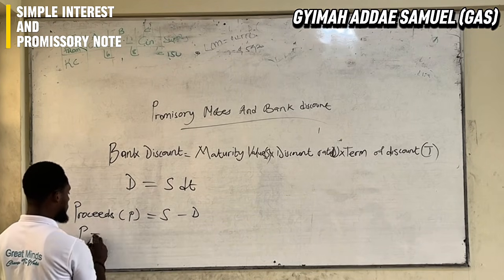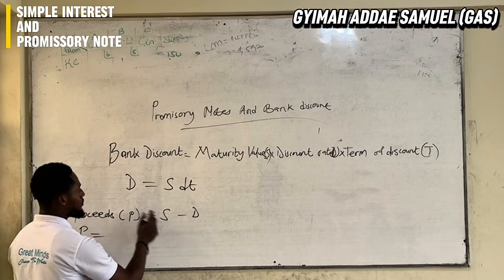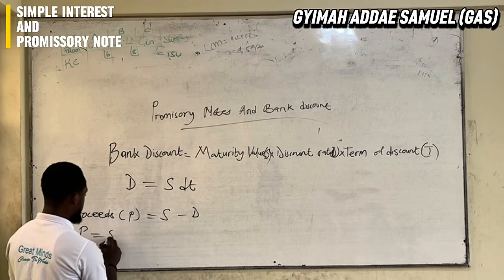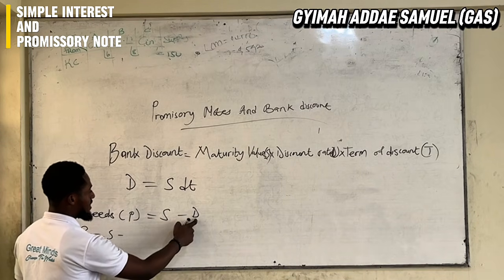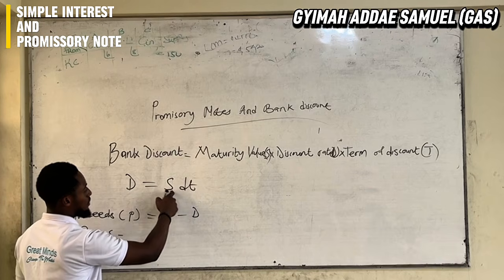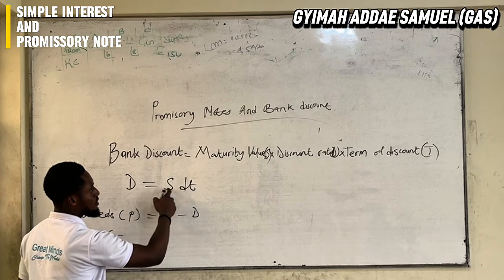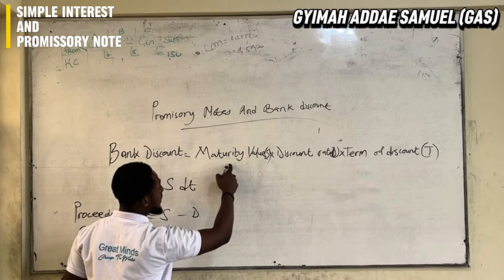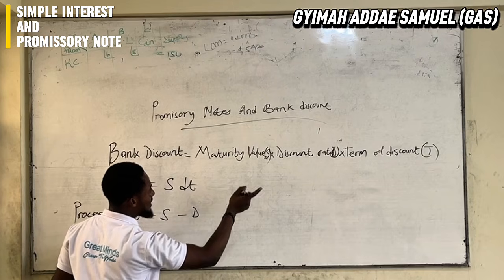So we'll do some small mathematics here. The proceeds C equals S minus D, and D is SdT, because you multiply maturity value by discount rate by term of discount.